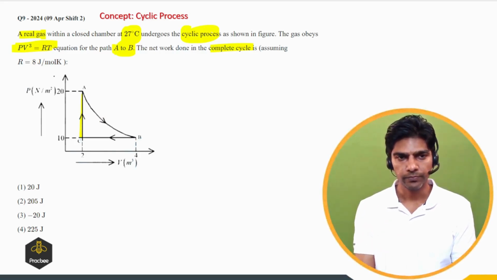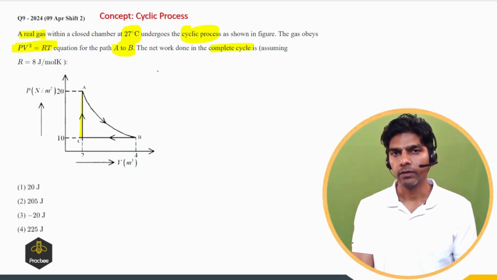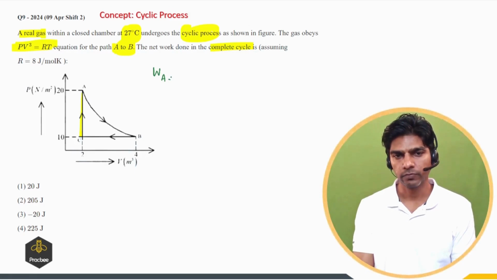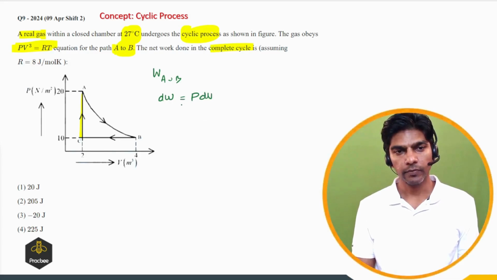What we can do is, here we have P given as a function of V, and we have been told that the gas is at a temperature of 27 degrees Celsius. We know there is a general formula for work done. If I want to find the work done from A to B, dW can be given as P dV.